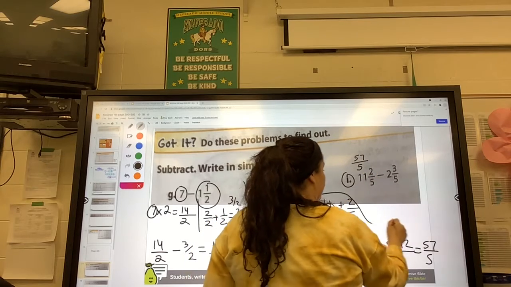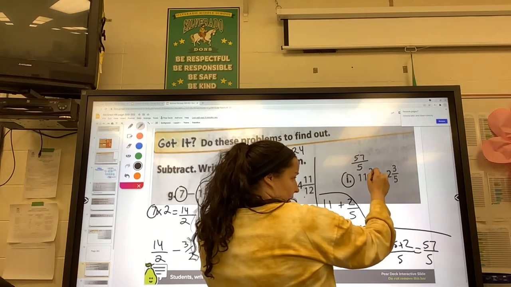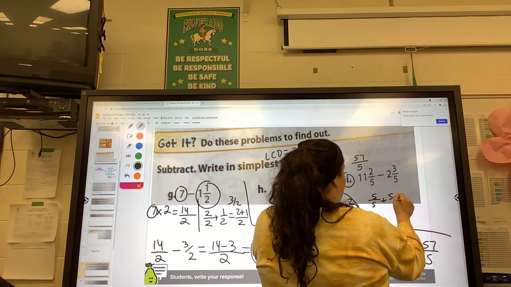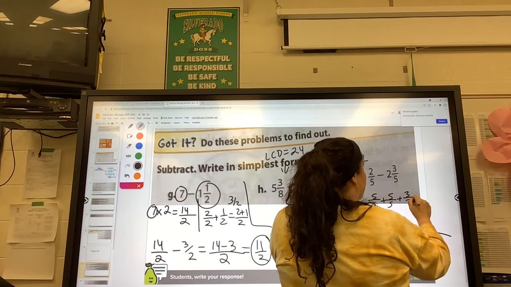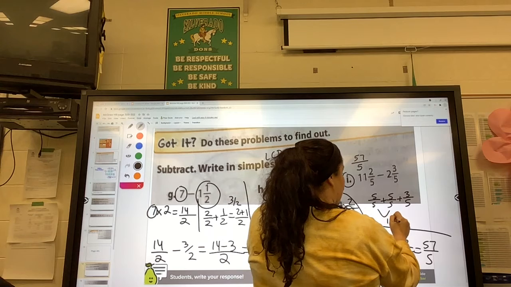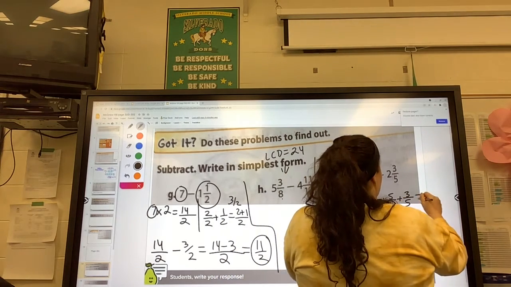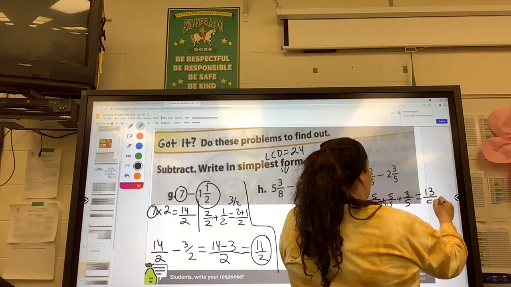Okay, I'm going to try and draw so I can do that one. Okay, and 2 is, you could either write it as 5 over 5 plus 5 over 5, because that's 2 whole parts. That's easy. You could have just written it as 10 over 5. It's the same thing, right? It'd be 5 plus 3 would be 13 over 5.